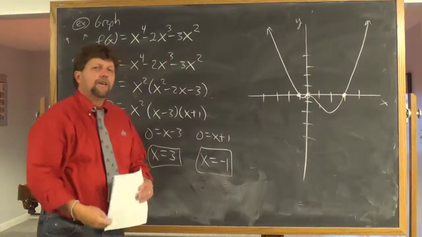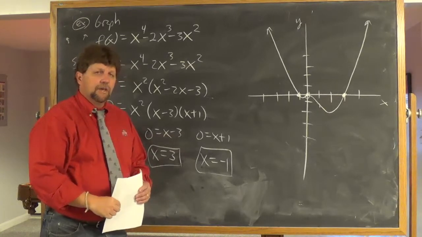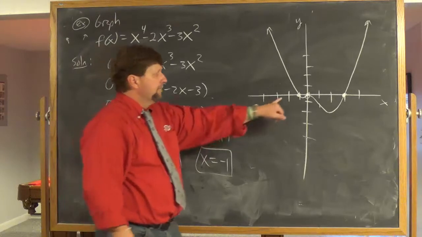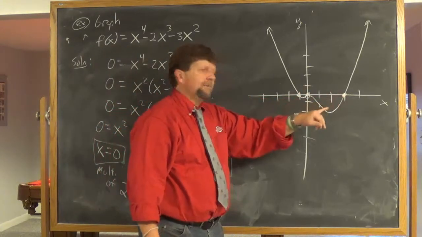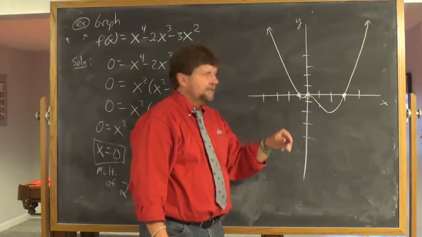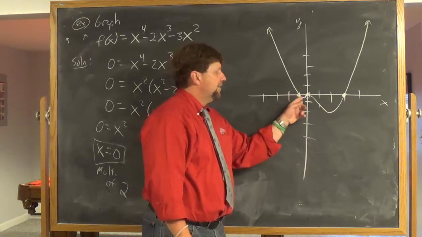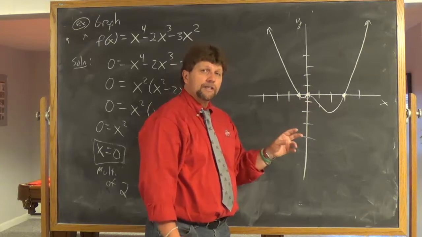And that's a very, very rough sketch. That's all I wanted right now so we could see these zeros have odd multiplicity and the graph crosses the x-axis. That 0 had even multiplicity and the graph just touches it, does not cross the x-axis.